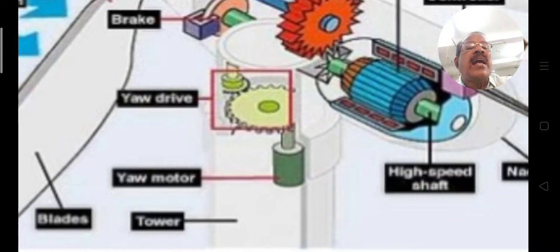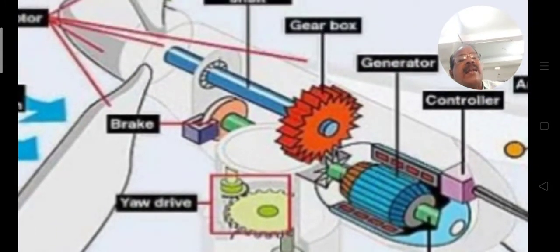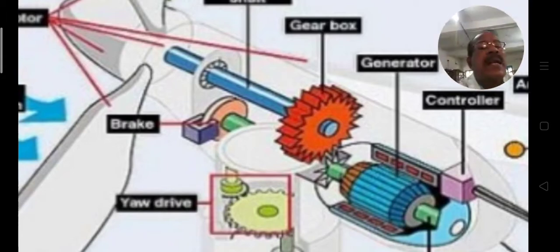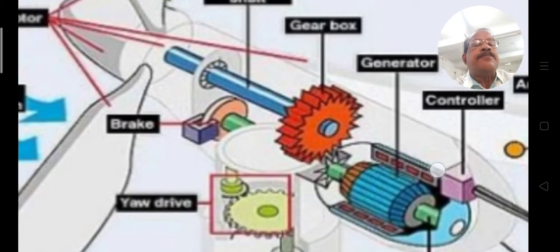This wind turbine is connected to the main pillar of the wind turbine. A very high pillar is arranged here. So in this arrangement, the different inner parts convert the wind energy into electric energy.